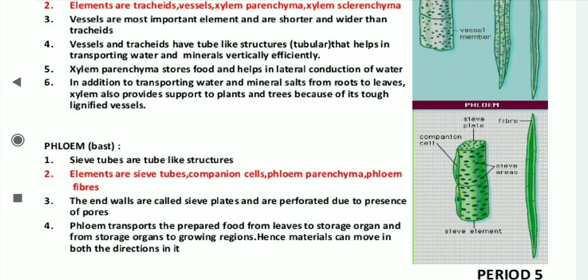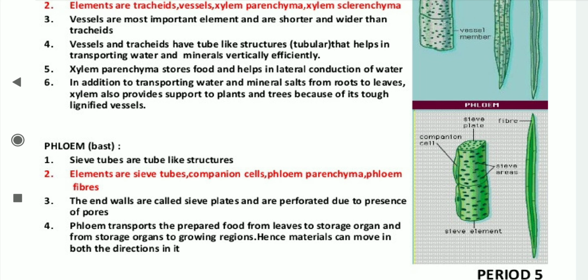Okay, it transports food. The transportation of food is called translocation. So leaves make food. From leaves, the phloem takes the food to the different organs, and from there to growing region. Okay, children.